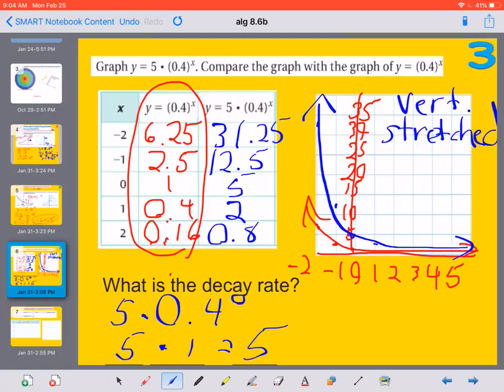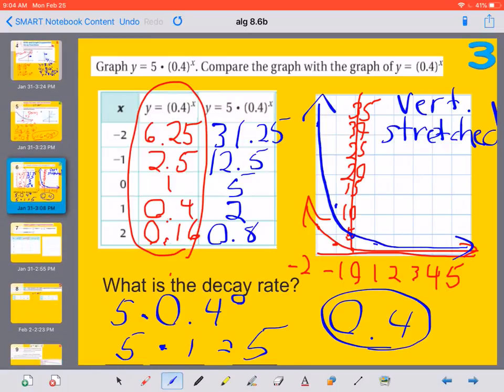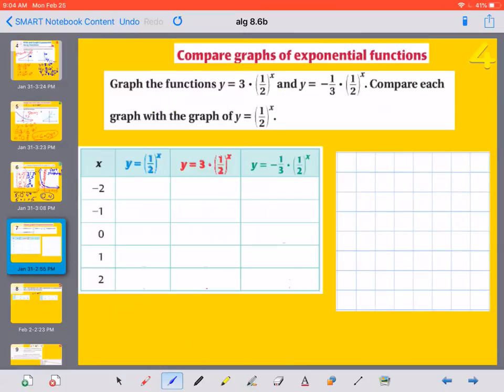Now it says, what is the decay rate? Well, the decay rate is the same thing for both of these, which is 0.4. Alright, now I want you guys to try this one on your own.